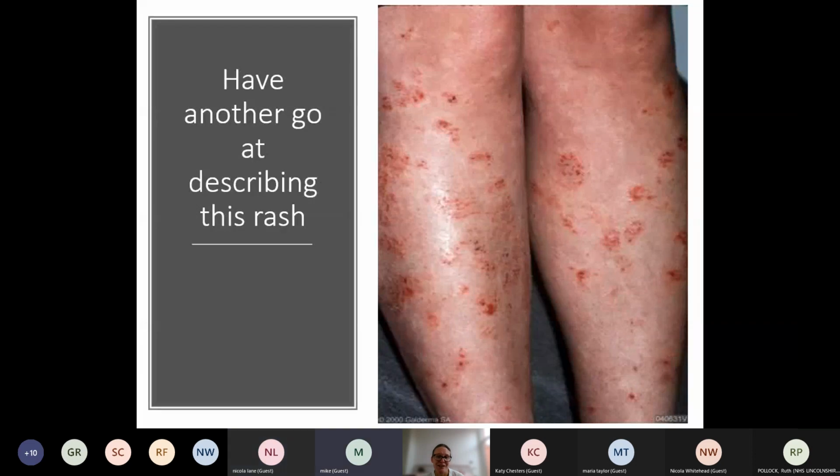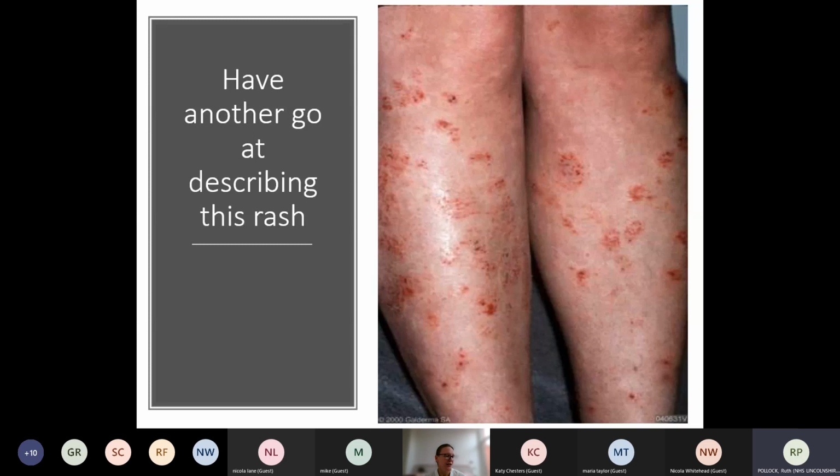Patchy. Yeah. So when we said patch, we said those were things that were bigger than a centimetre. So I think there are some patches there, but there are also some smaller ones. So what would we say for the smaller ones? Macular. Yeah. Perfect. Erythema and discrete in the chat box.